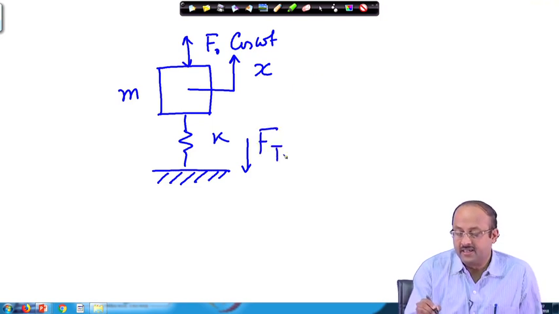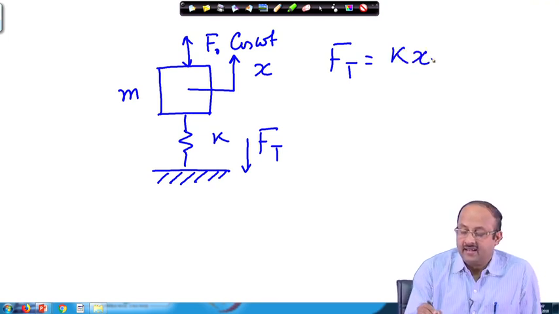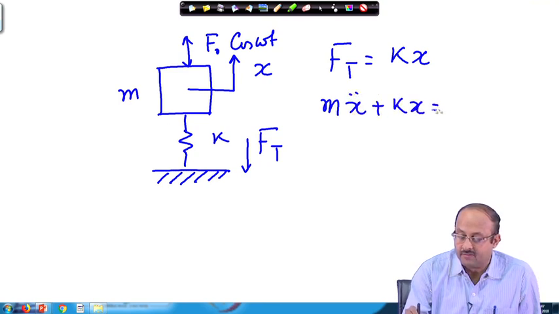Now, the force transmitted in this case, we can find out as F t equal to k x, and x you can find by solving the equation m x double dot plus k x equal to F naught cosine omega t.